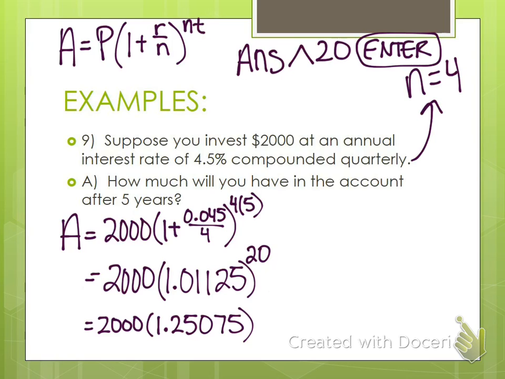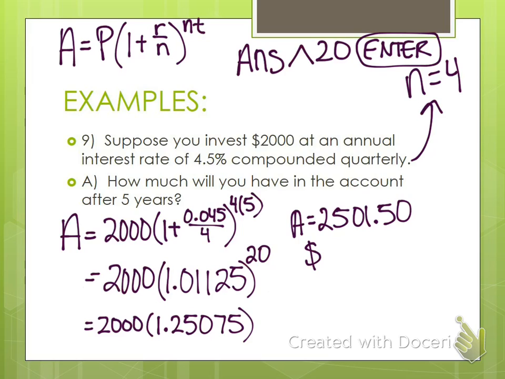Last thing to solve part A is to multiply. So again, that number's still on my screen. I just press my times button, 2,000, enter. So I get that A equals 2501.50.